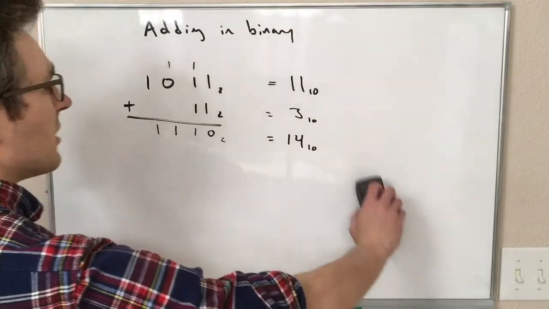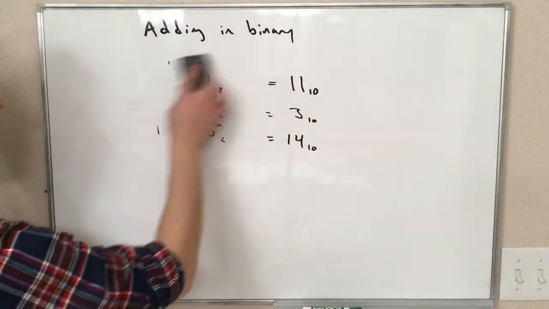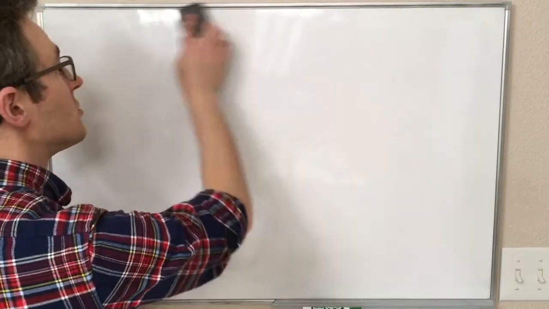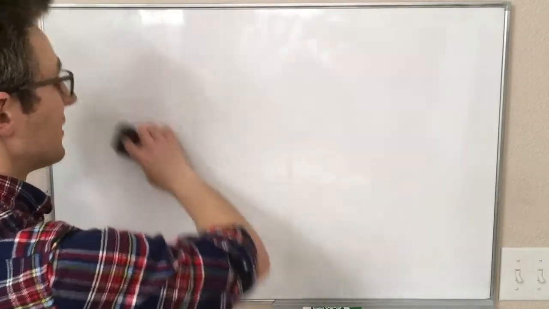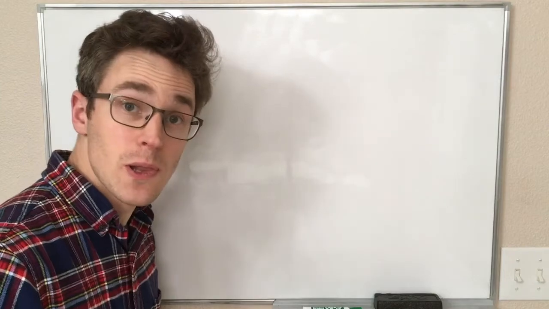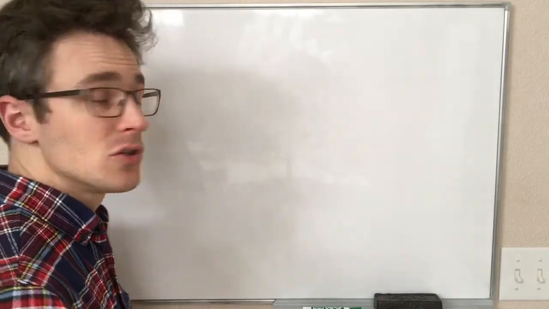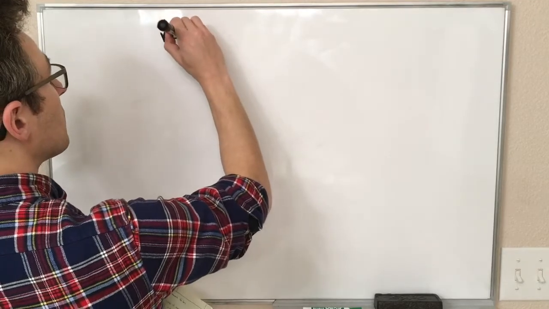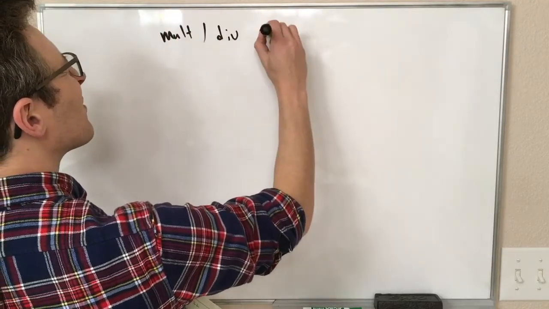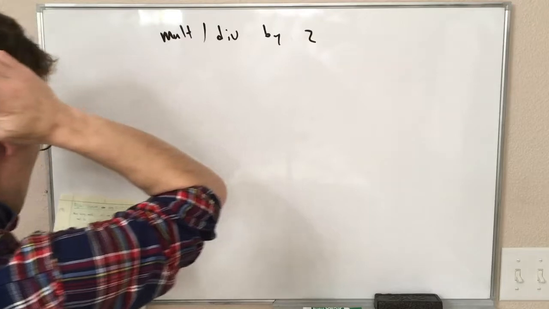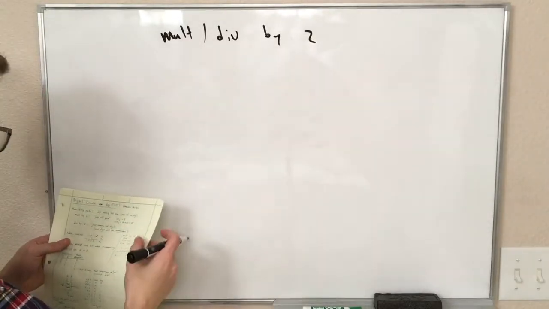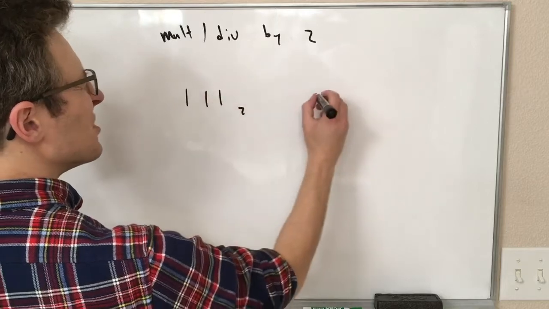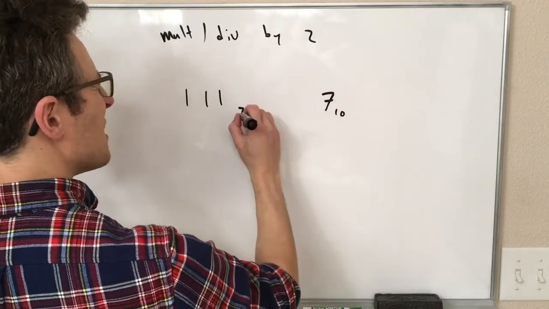So let's talk about a couple other math things we can do. In binary, it's very easy to multiply or divide numbers by 2 because that is just shifting our bits, bit shifting. So in other words, if we have a number like 7, so 1, 1, 1 in base 2, that is 7 in base 10.